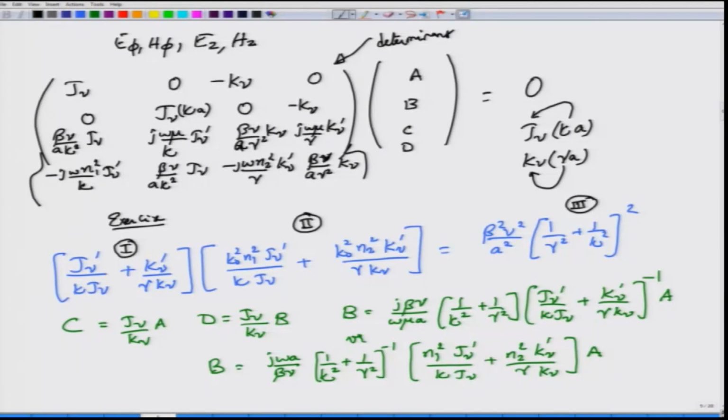So, I have these equations, and what you actually see from this one now is that if you look at term 1, you have the derivative of the Bessel function of order nu.